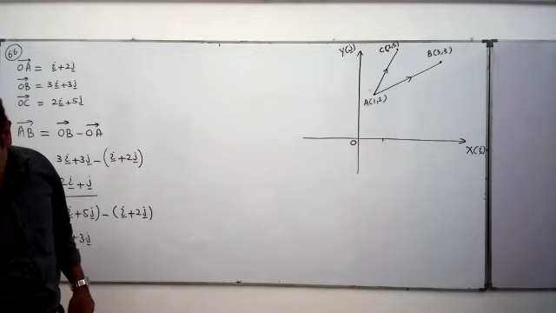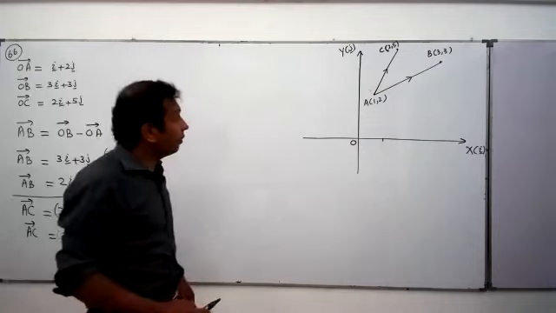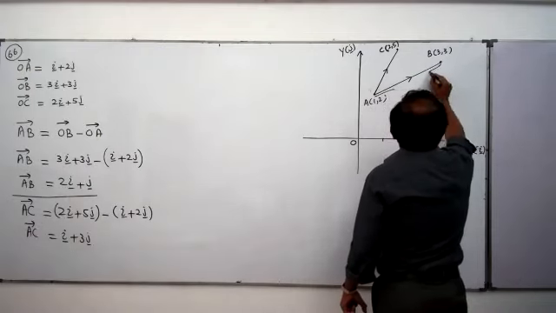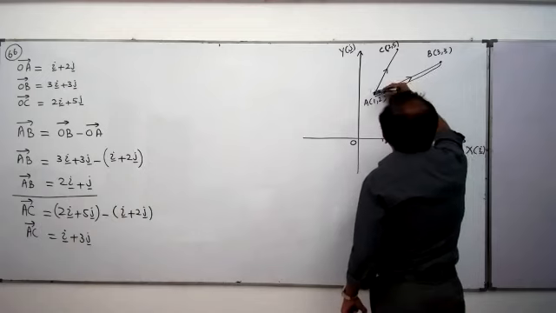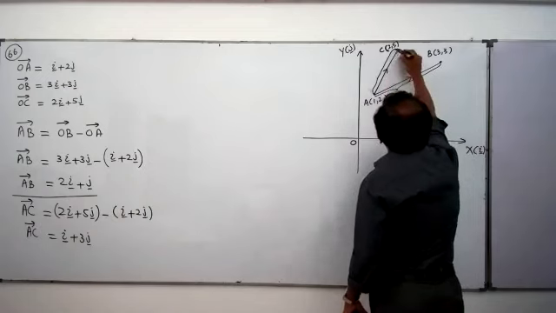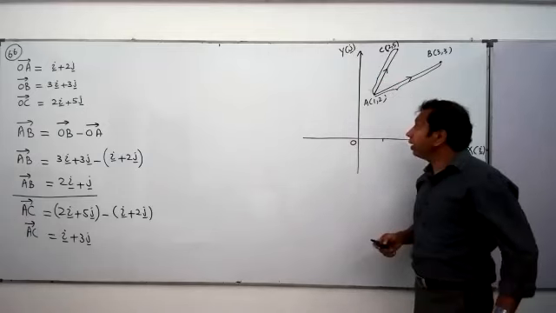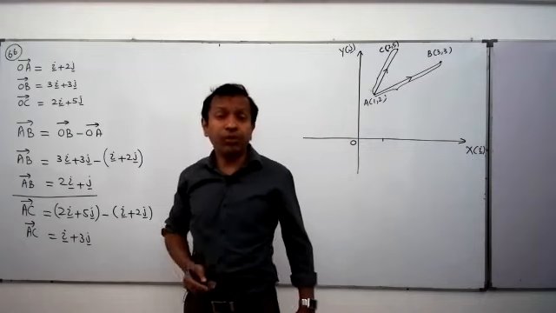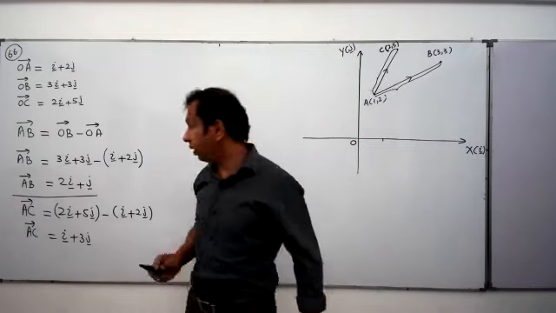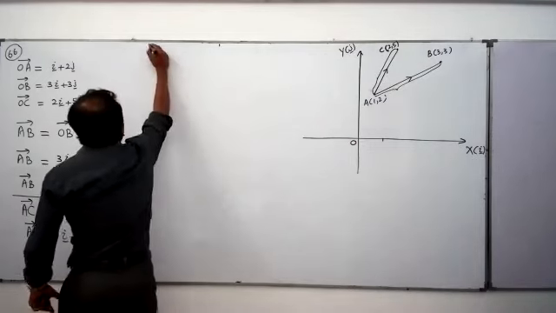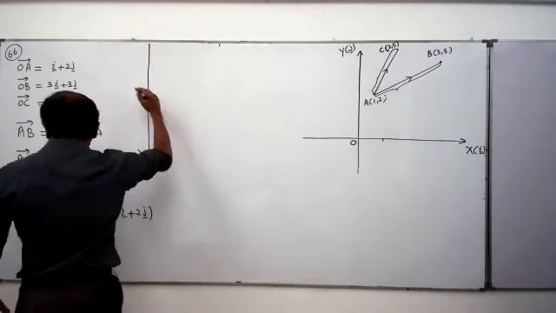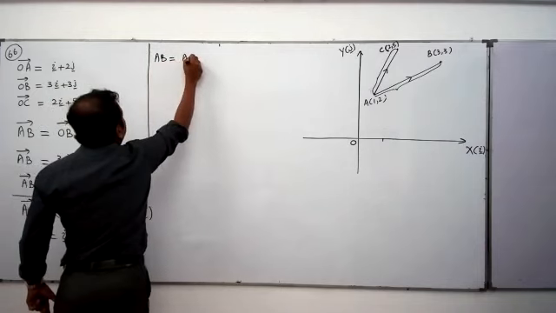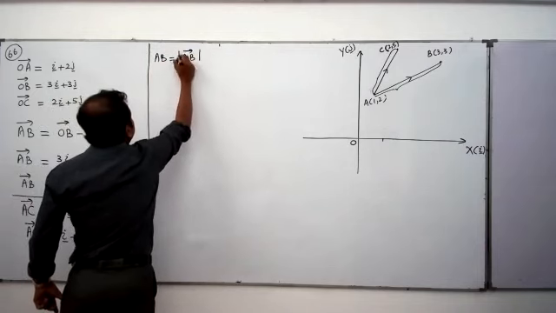Asking the length of the sides AB and AC. This AB length, and this AC length. AB length and AC length mean the modulus of that AB vector and AC vector, right? Then AB length we can write how? AB length is equal to AB vector modulus.